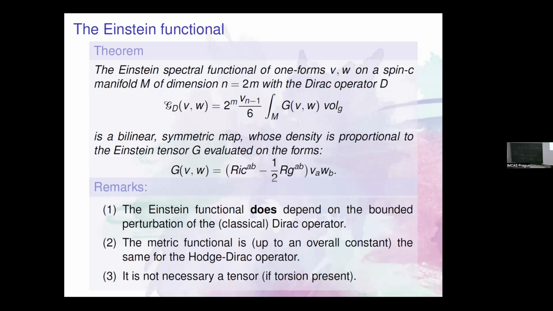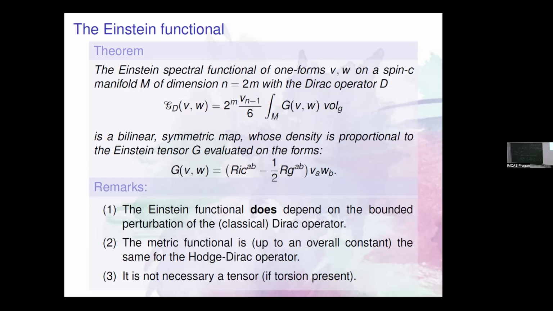This is the statement that if you take the usual Dirac operator on a spin manifold for some metric, and compute the functional given before, the anti-commutator of D with V times W, D, and then D to the minus n, then the noncommutative trace of that, you get nothing else but the Einstein tensor.